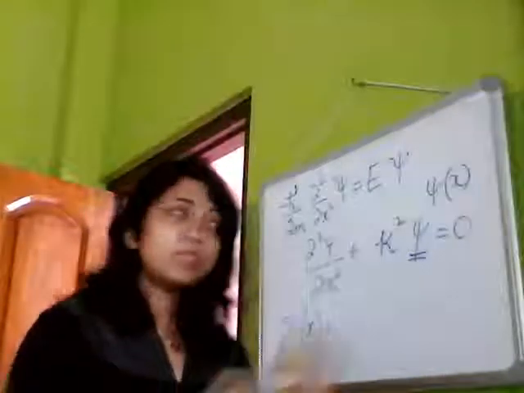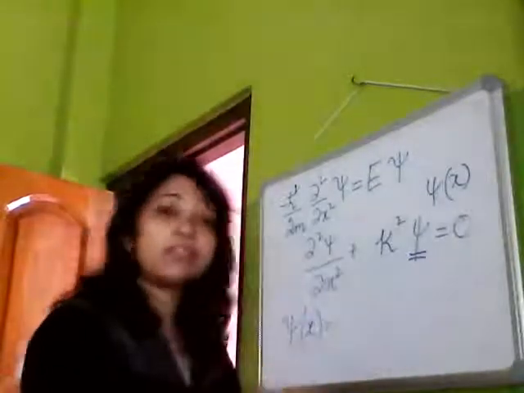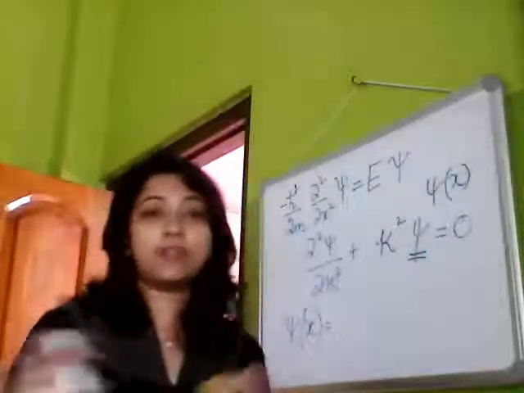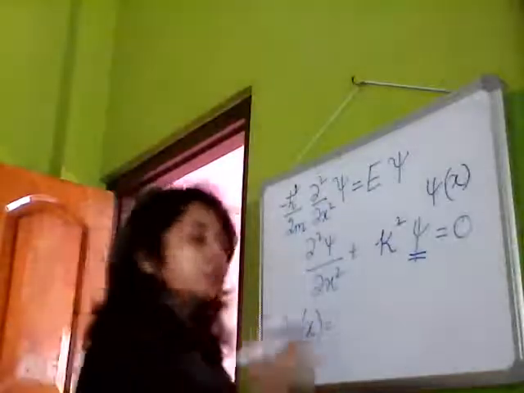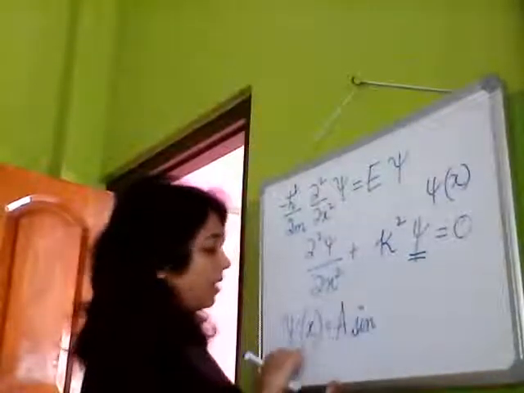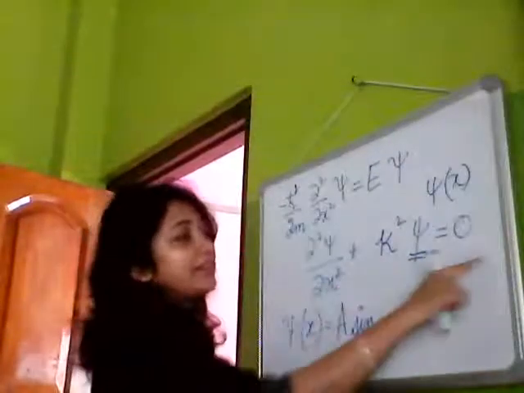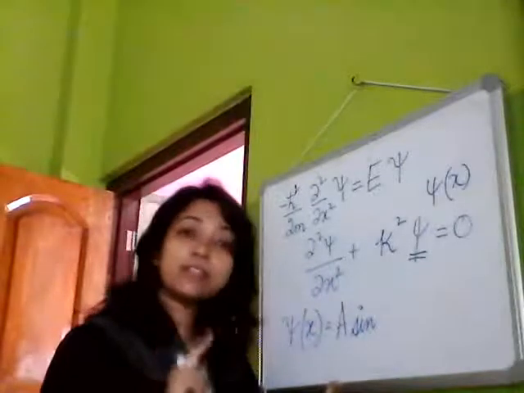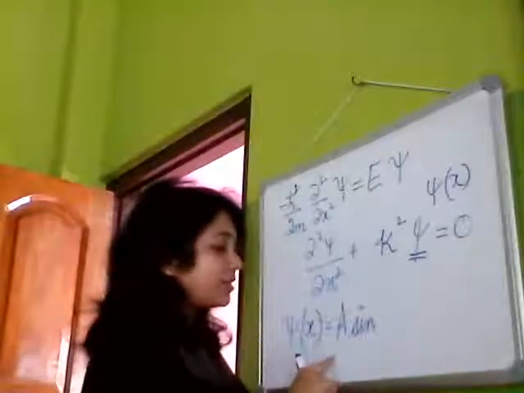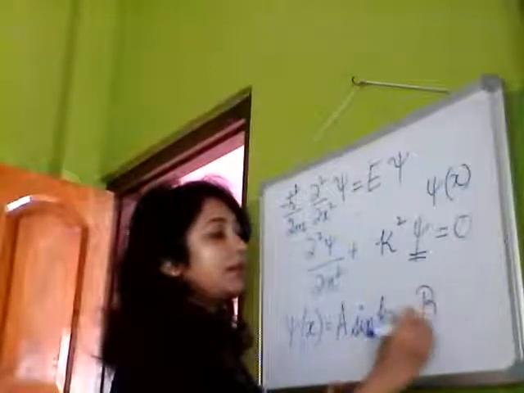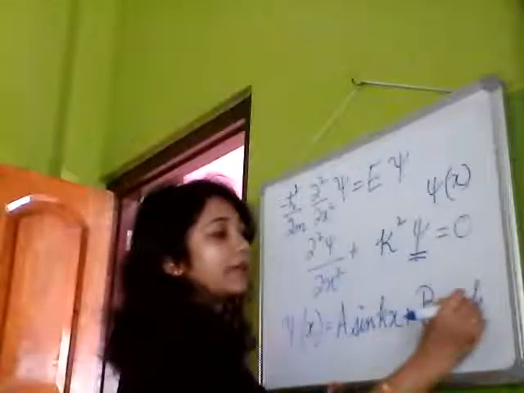Since we do not know whether it is only sine or only cos, it is better that we go forward with a combination of sine and cos. I will show you more in detail a little later. So when we have a differential equation of this form, the general solution can be written as A sine kx plus B cos kx.